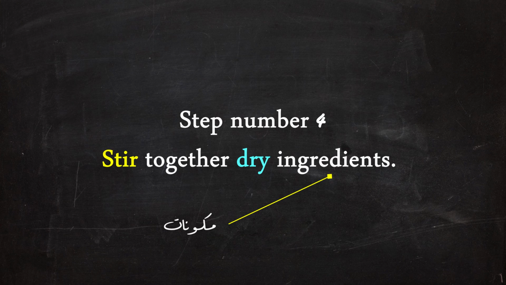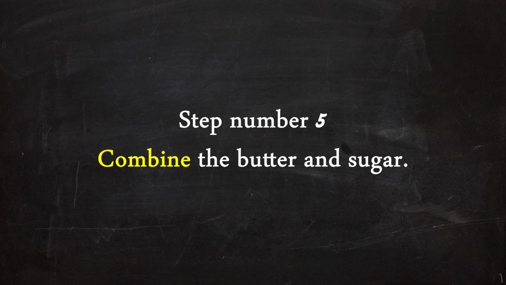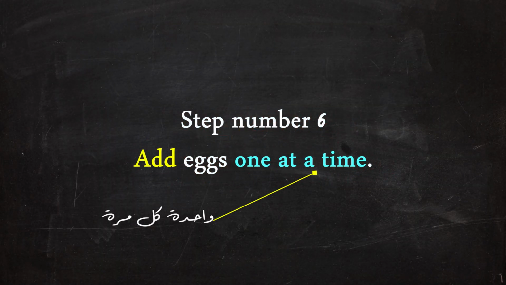Step number 5, combine the butter and sugar. Step number 6, add eggs one at a time.